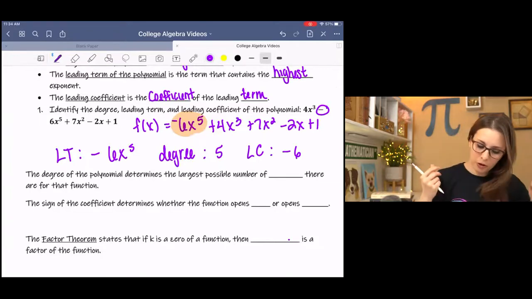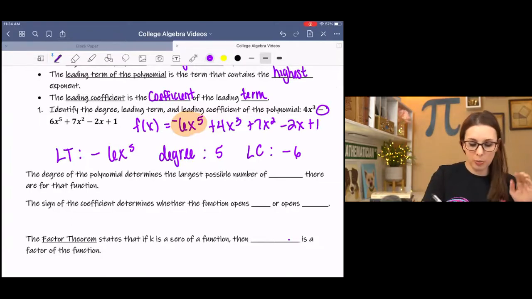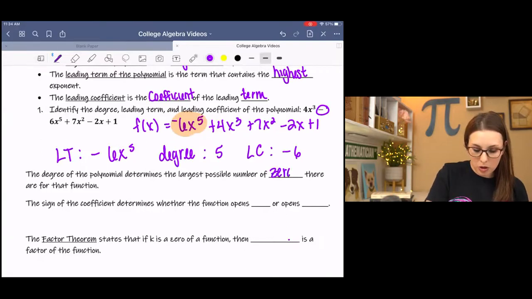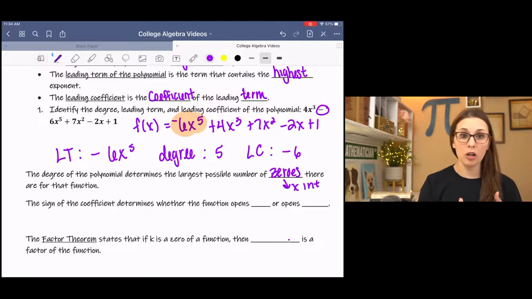The degree of the polynomial determines the largest possible number of zeros, which is another name for x-intercepts, that there are. Now, it gives us the largest possible number. So in a quadratic, the largest possible number of zeros is 2, but when we graph it, we may only see that there's 1.